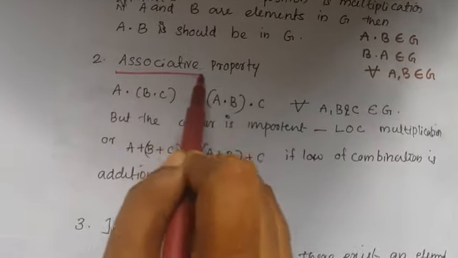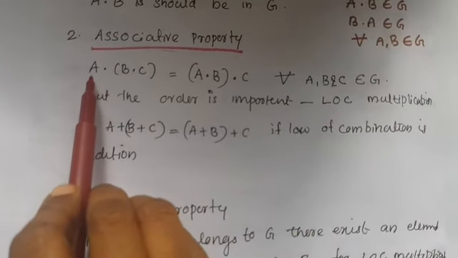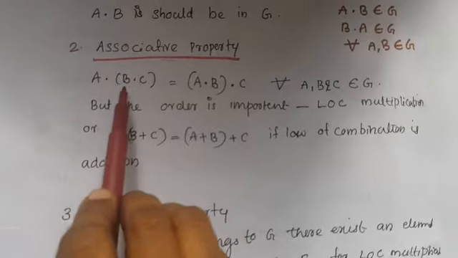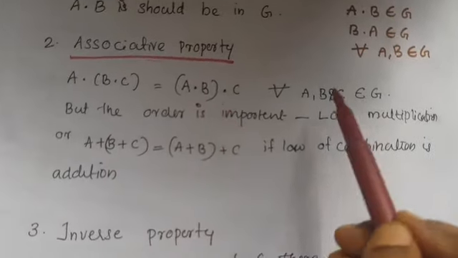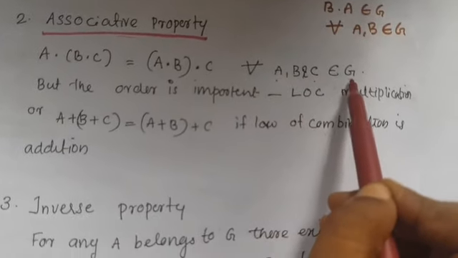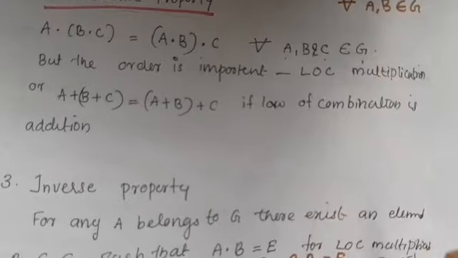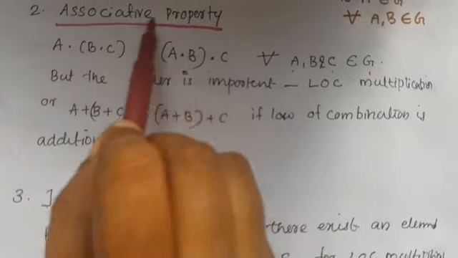Next, the second property is the associative property. That is, (A dot B) dot C is equal to A dot (B dot C). Here A, B, and C are in G. This property is called the associative property.